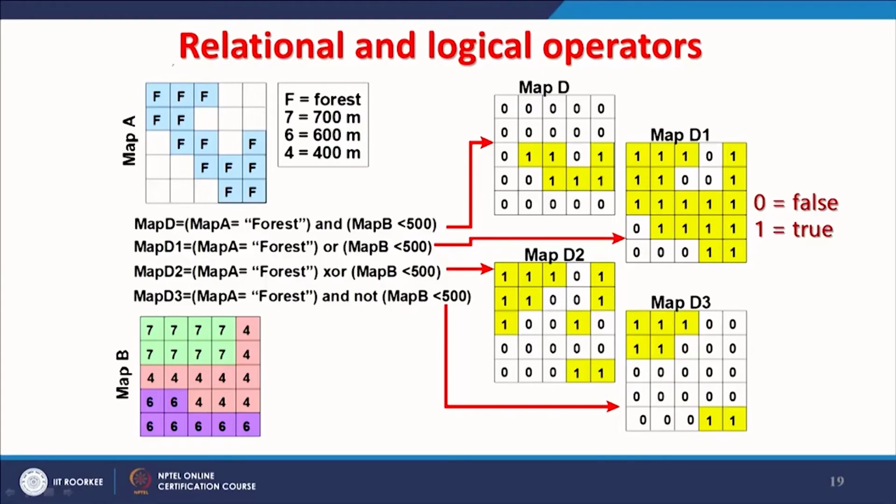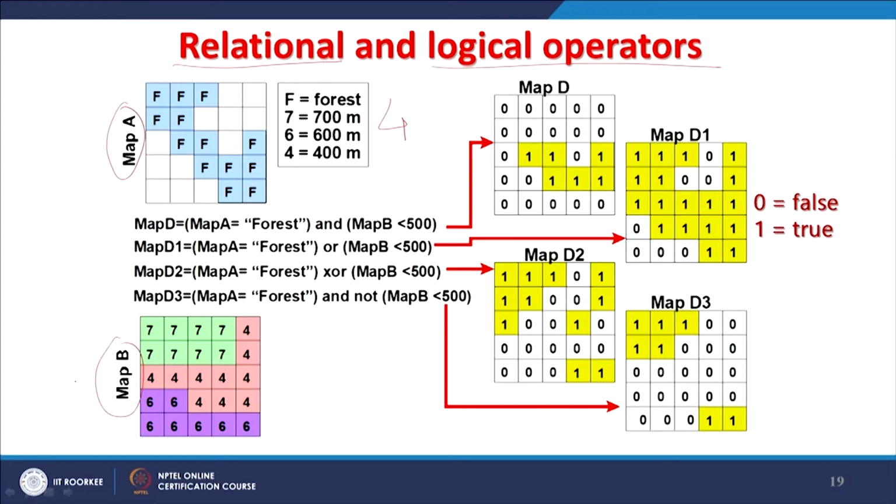Now, if I go for a combination of relational and logical operators, then similar outputs can be created depending on how many classes are in each map. For example, in map A we have 4 classes, and similarly in map B we have only 3 classes.